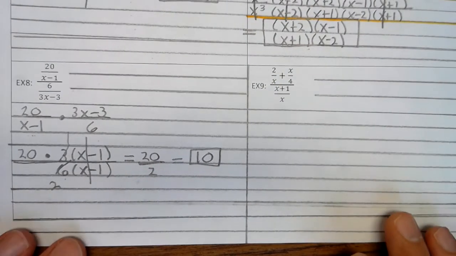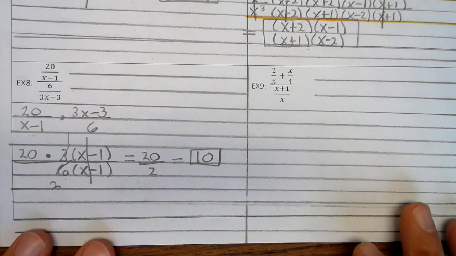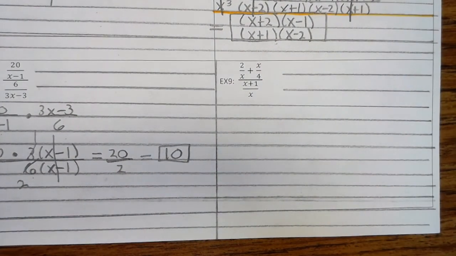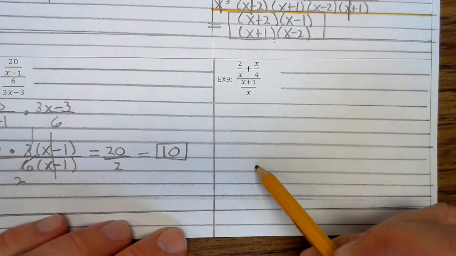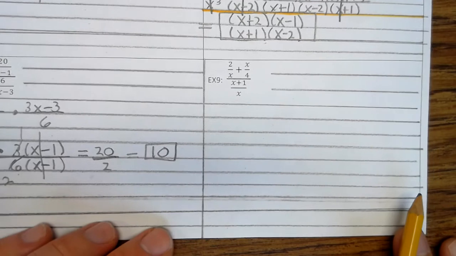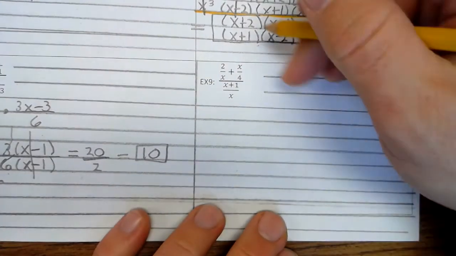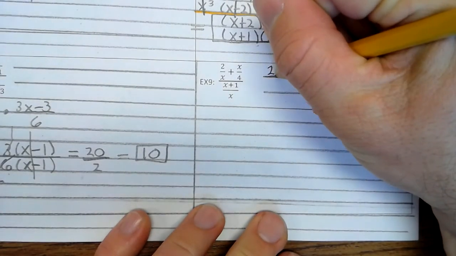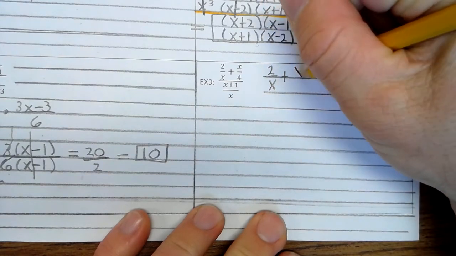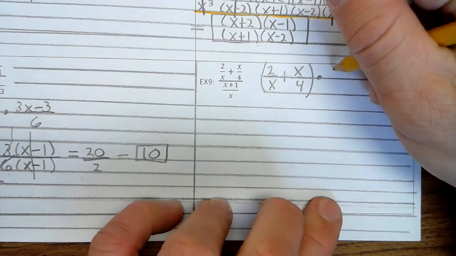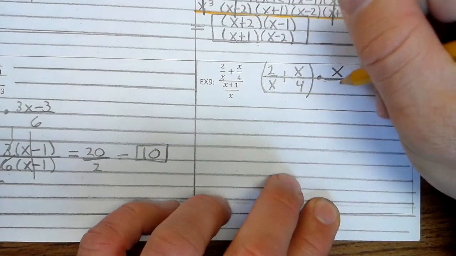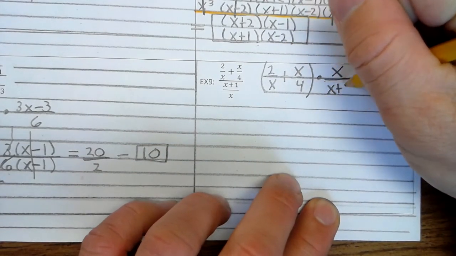All right, last example. Example 9. All right. So here again, you flip and multiply. So that's 2 divided by x plus x divided by 4 times x divided by x plus 1.